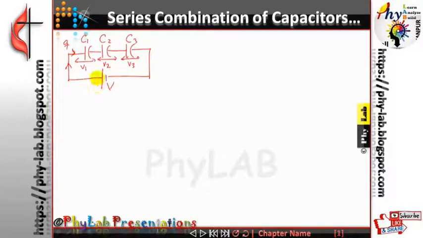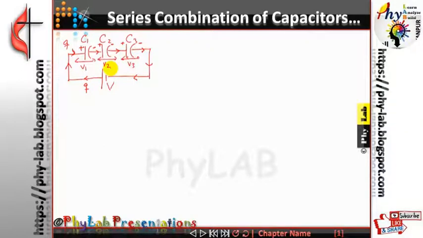Now this battery V sends a charge Q that flows through each of these capacitors C1, C2 and C3 and then returns back. Due to this charge, the potential that develops across the first capacitor is V1, across the second capacitor is V2, and across the third capacitor C3 is V3.